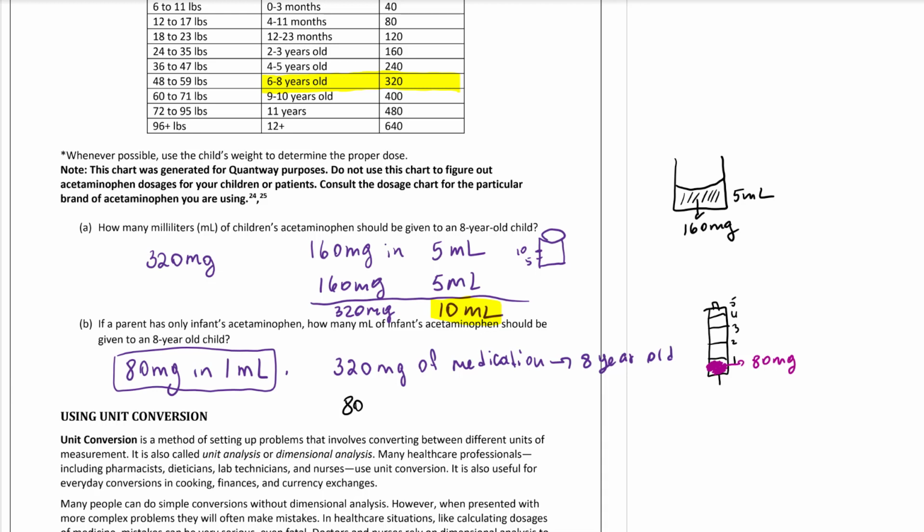So you got 80 is 1, then another 80, that's 160, another 80, that would be 240, and another 80, that will give you a total of 320 mg, right? So how many mLs is it? 1, 2, 3, 4 altogether. So the answer would be 4 milliliters.